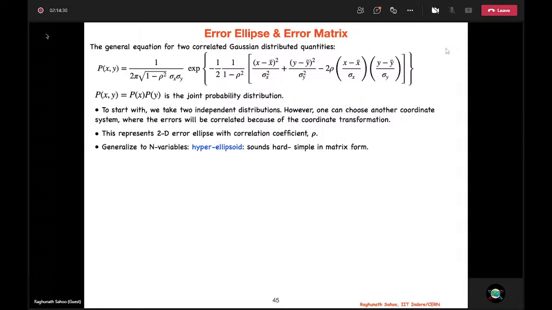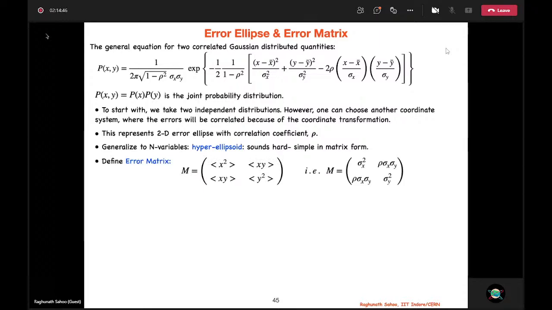Now one can generalize to n variables also. If it is n variables, the formula will be modified to a hyperellipsoid. This sounds very hard, but it is very simple in the matrix form. Now I define the error matrix M as this. I am not saying it is independent, because my correlation coefficient is there in the off-diagonal terms. I define this error matrix, and I define the discrepancy vector x minus x bar, which is essentially your sigma x, sigma y.